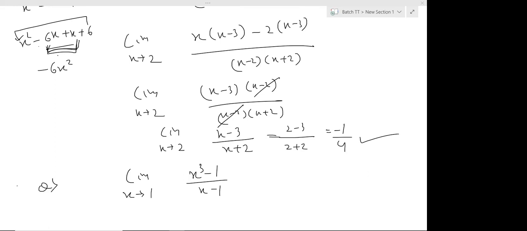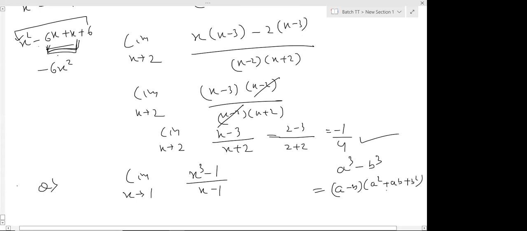All right, Sahel, I will solve this. Not getting it, sir. Just use this formula for a cube minus b cube, a minus b. Yeah, I know that formula. I tried it. Still not.